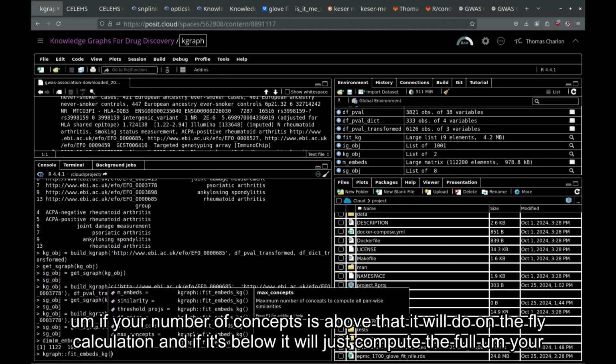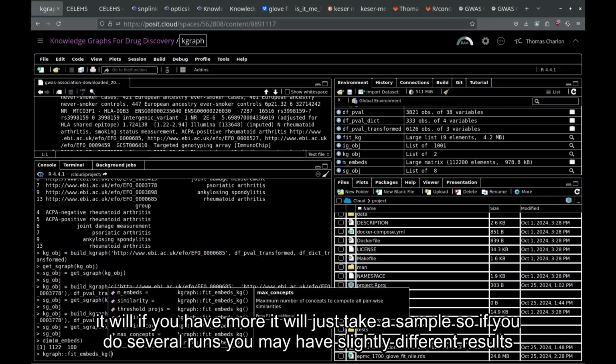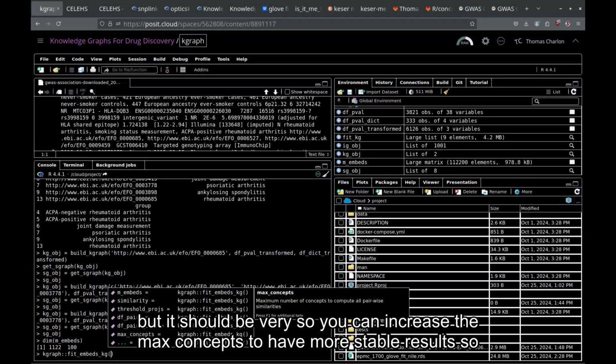And if it's below, it will just compute the full matrix. If you have more, it will just take a sample. So if you do several runs, you may have slightly different results, but you can increase the max concepts to have more stable results.